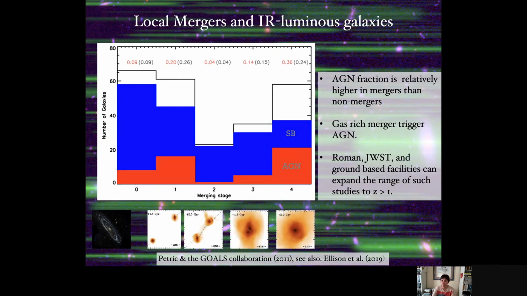With Roman, we will be able to find and study those faintest sources. Now, in the nearby universe, when we look at gas-rich ultraluminous infrared galaxies, some of the beautiful images of merger galaxies that I showed you earlier in the talk come from those nearby luminous infrared galaxies.